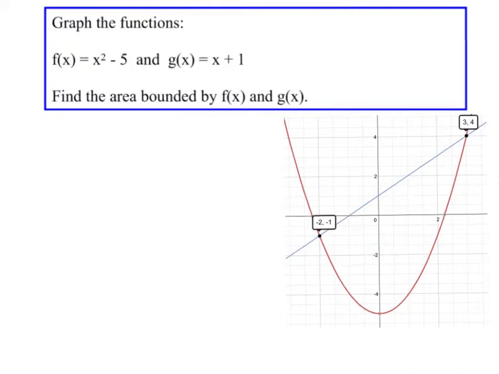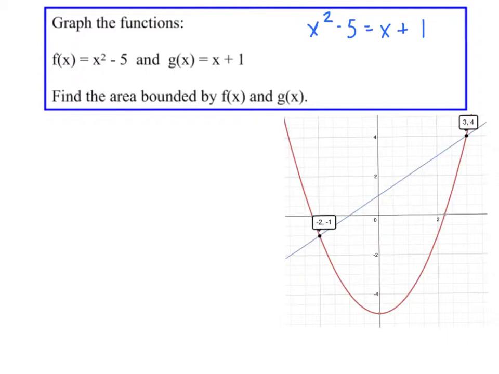We could certainly do that by hand, by setting the two equal to each other, x squared minus 5 equals x plus 1. With something like this, I like to get everything to one side, so maybe I can use either quadratic formula or factoring.